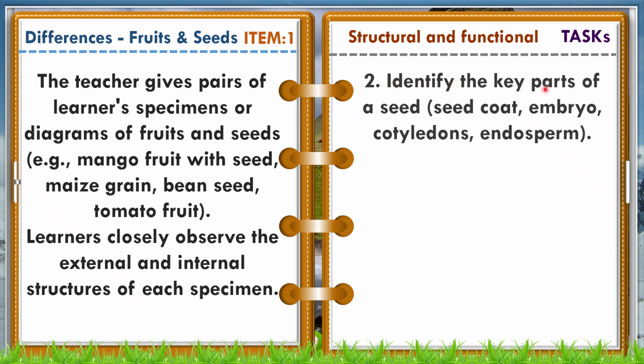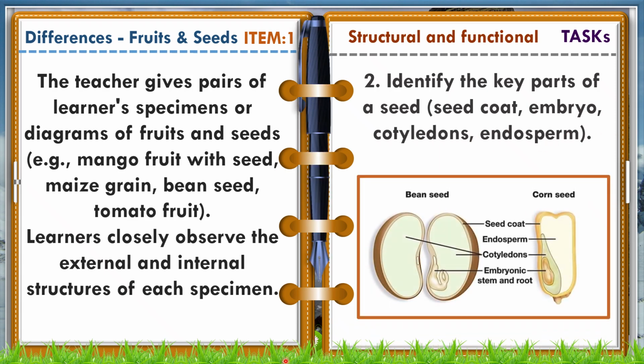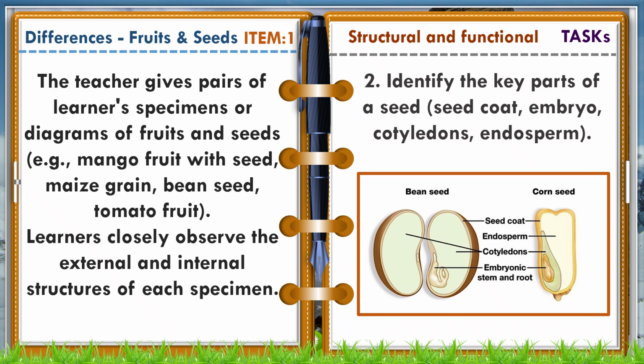Identify the key parts of a seed: the seed coat, the embryo, cotyledon, and endosperm. Now we have our seeds here, two seeds. We have the bean seed and we have also the maize seed.